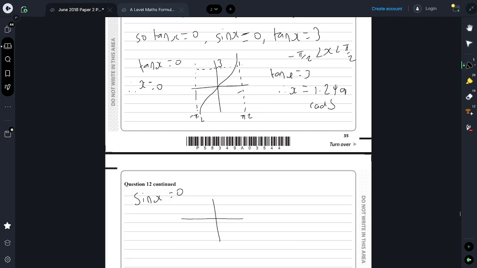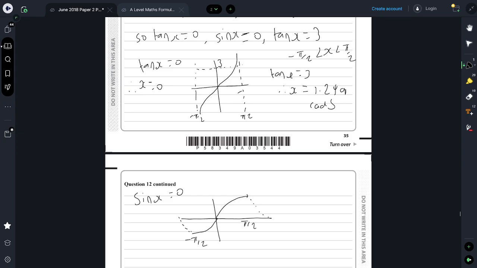Again, let's sketch the graph between minus pi over 2 and pi over 2. So sin x would look like that. Obviously, if we continued it, it would look like that, but we're only interested between minus pi over 2 and pi over 2.